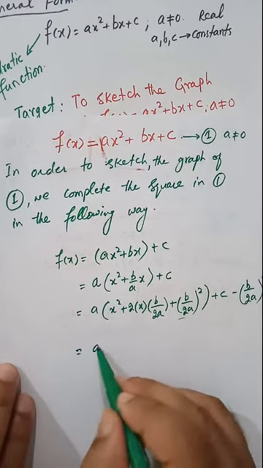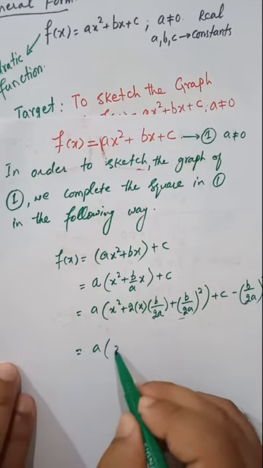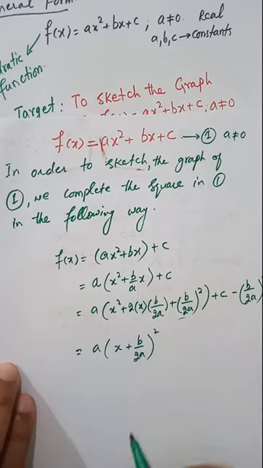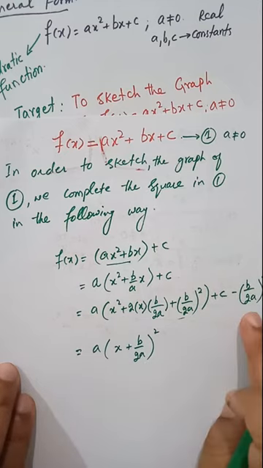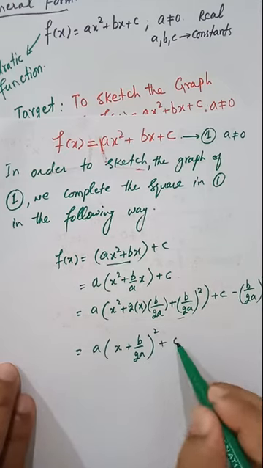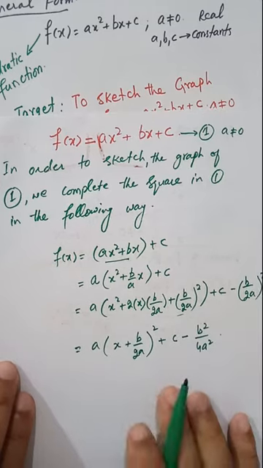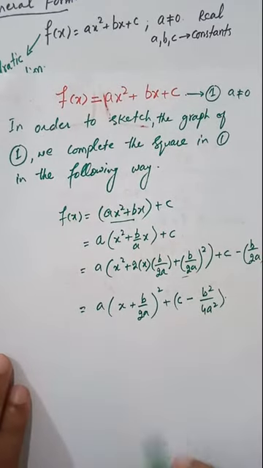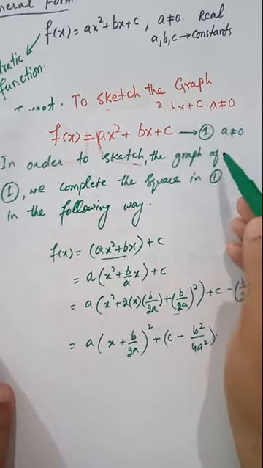Now you see, a square plus 2ab plus b square is actually equal to a plus b whole square. So you see that these two terms become a complete square, and the remaining part is c minus b square divided by 4a. Okay. Now as you know, a is not equal to 0; I mention this here.